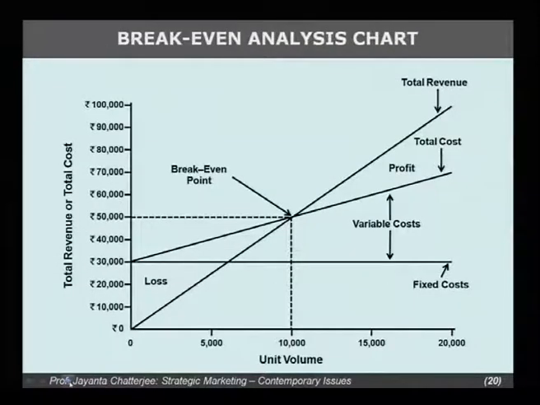Therefore, we can also look at it graphically. This is the fixed cost line, it does not change, it is not dependent on unit volume. The variable cost changes, and it comes after the fixed cost, because the fixed cost is there whether you produce 1 unit or you do not produce anything, or you produce 500,000 units, of course within a limit, because there is a concept of capacity.